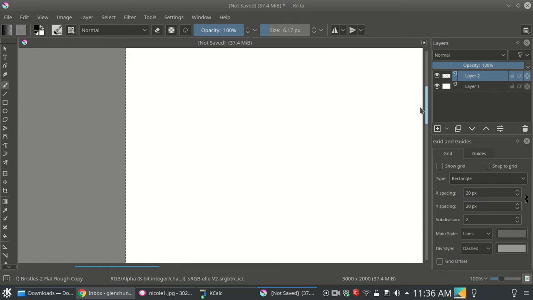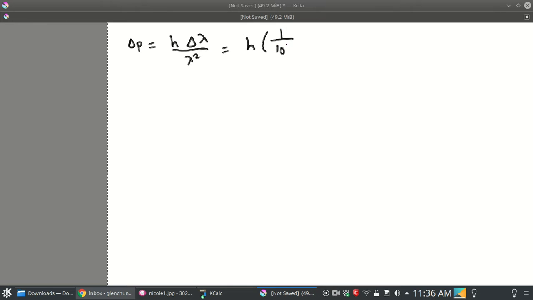All right. So delta p is equal to h delta lambda over lambda squared equals h 1. Yep, see, I had to do it over again because I forgot to change the uncertainty.